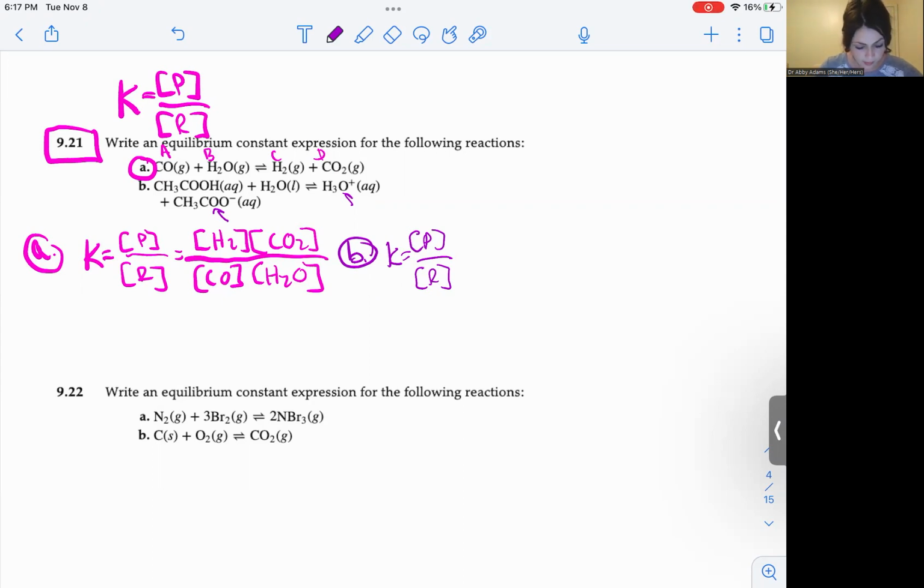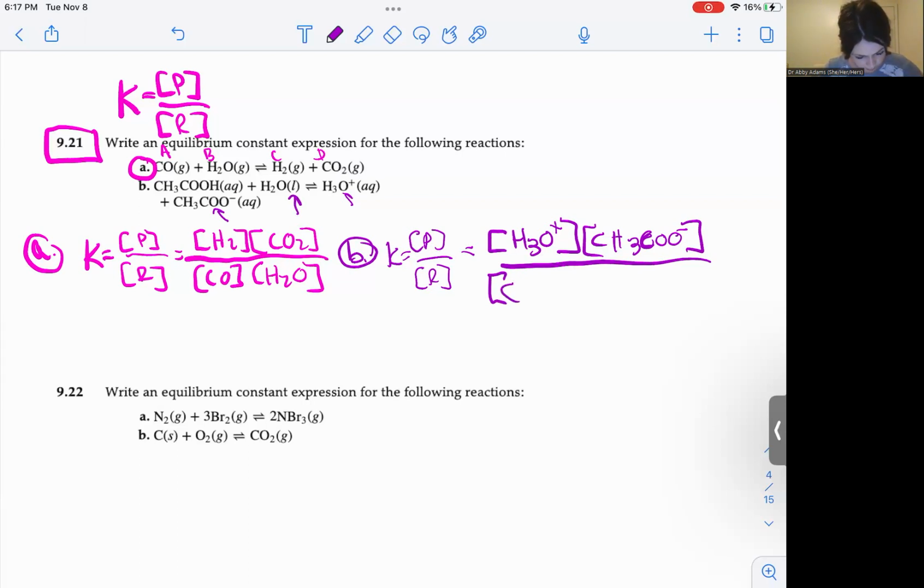So you're going to write your hydronium ion times the concentration of your acetate ion over your acetic acid. And look, we said we weren't going to write liquids, right? So all we do is write our acetic acid, and we're done. That's it. You don't have to write those states of matter in the equation. It's good just like that.